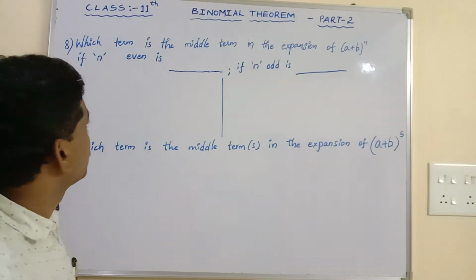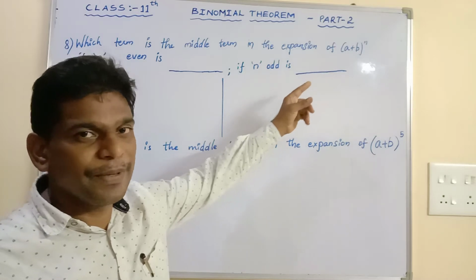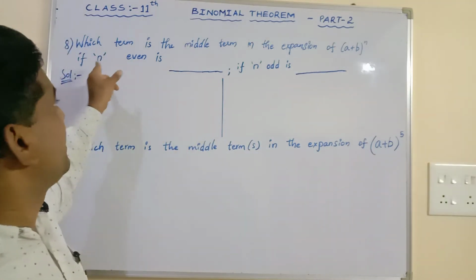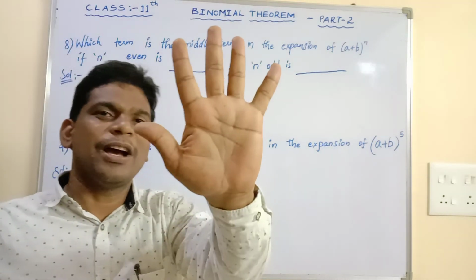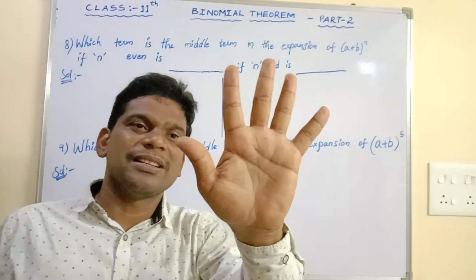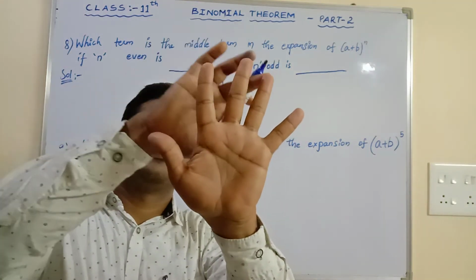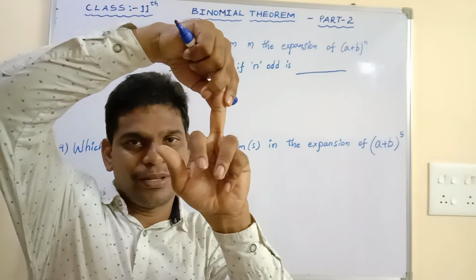Eighth question. Which term is the middle term in the expansion of (a plus b) whole power n if n is even and n is odd? Suppose we have 5 fingers. So in these 5 fingers 1, 2, 3, 4, 5, the third one is the middle term, the middle finger, you know that.